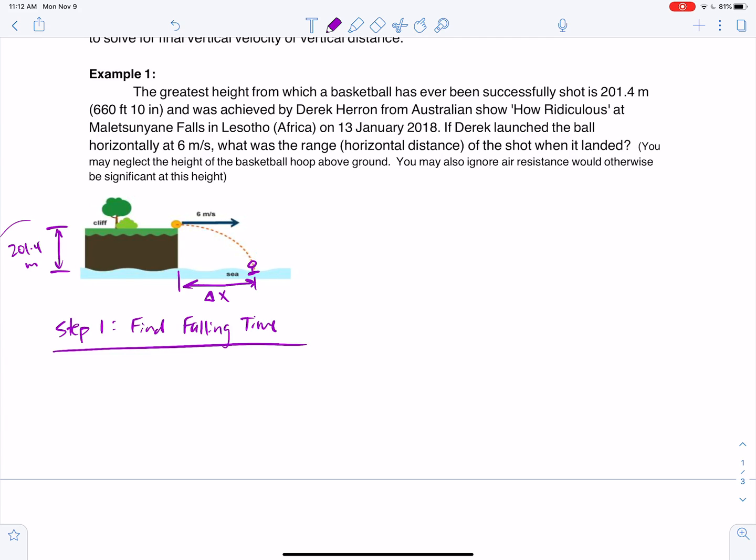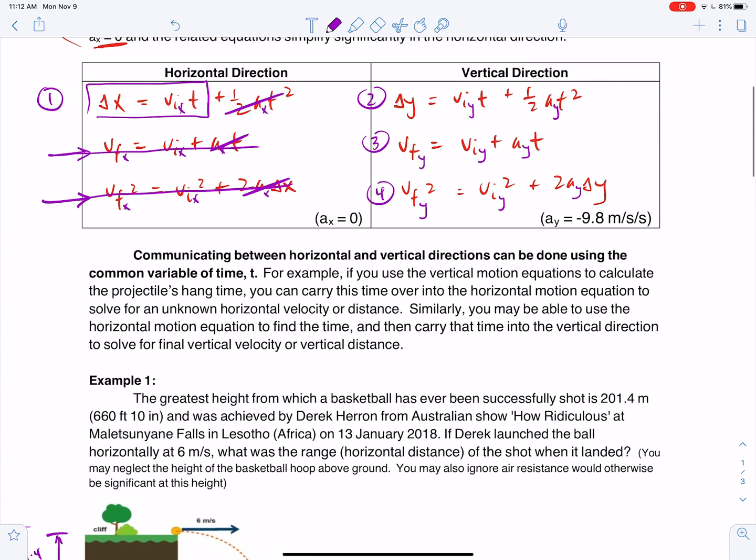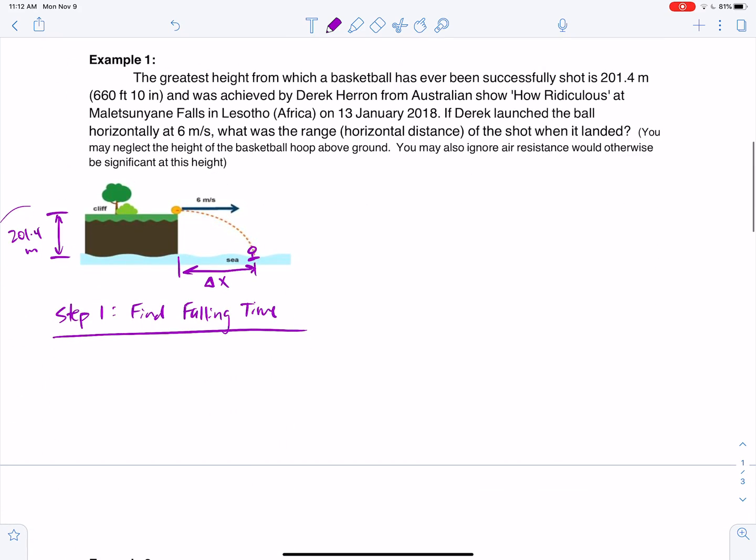So let's use what I'm calling up here equation 2, the first equation in the vertical direction. The falling time is going to be based off of the height that it falls. This is the initial vertical velocity. This is the vertical acceleration.